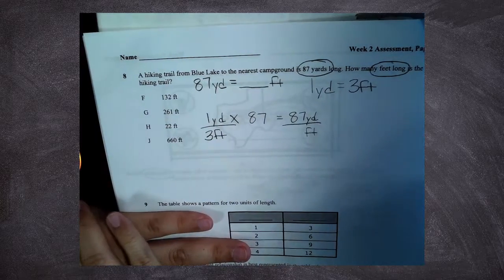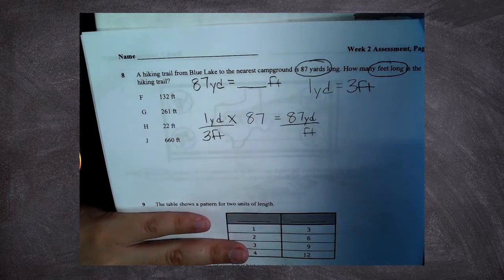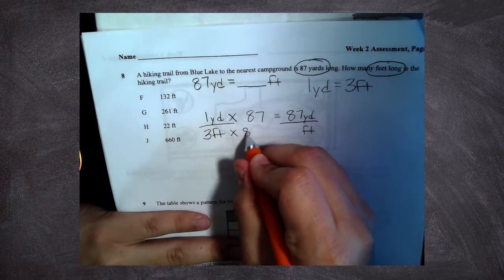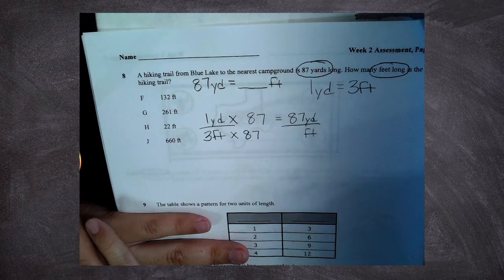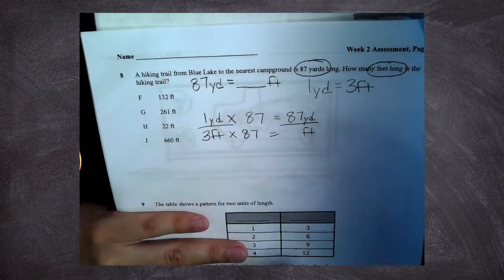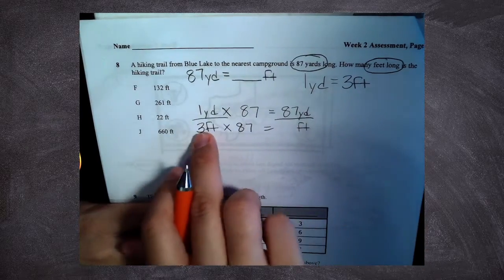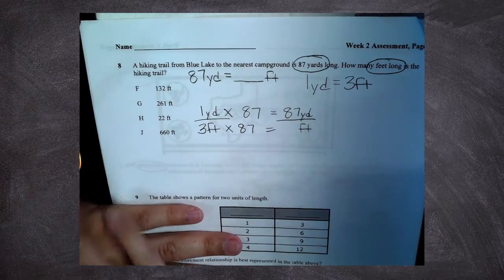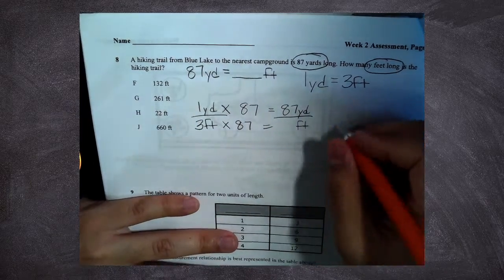Okay, and if I'm being equal and even, I can't just multiply my yards by 87. I've got to multiply the feet by 87 too. It's only fair. So let's multiply, because unfortunately, our 3 song does not go up to 3 times 87. We're going to have to do this the old-fashioned way.